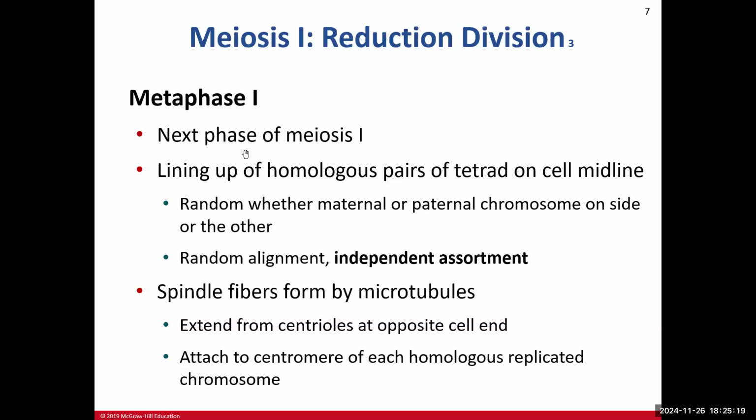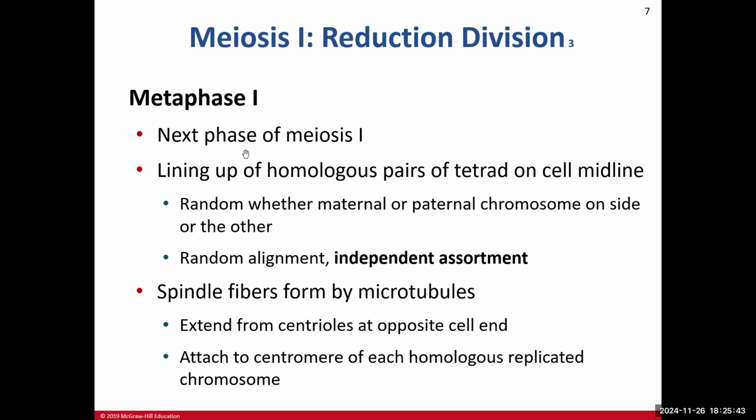So how they arrange themselves, there's no known rationale. Go ahead. I just heard about this, but some people having 45, 47. Yes. Nondisjunction. Yes. We're going to talk about that at the end of this. Great question.